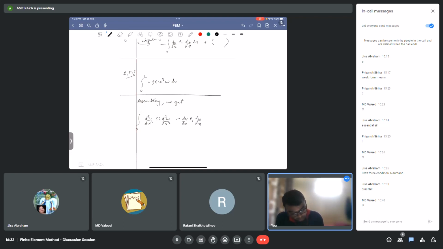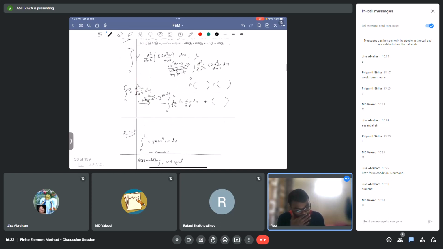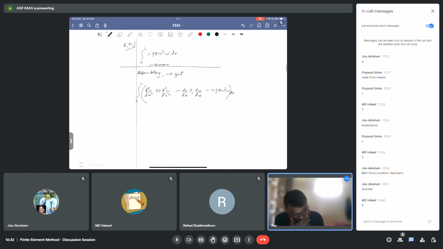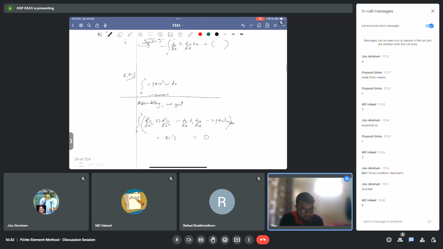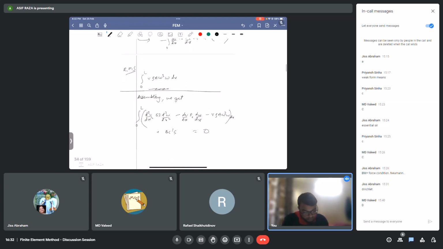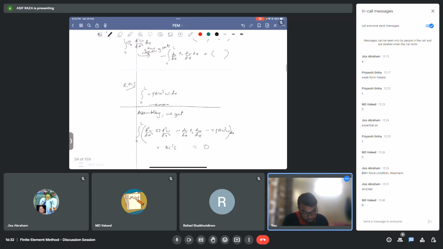And when I take this term to the left hand side, it will give me minus v rho A omega square w. These are integrated dx 0 to L, and the boundary terms equal to 0.